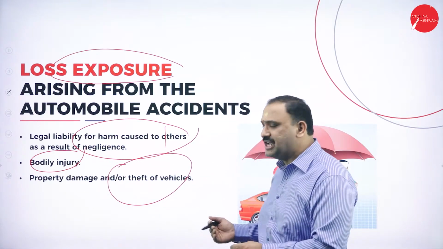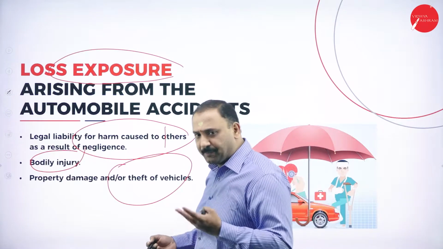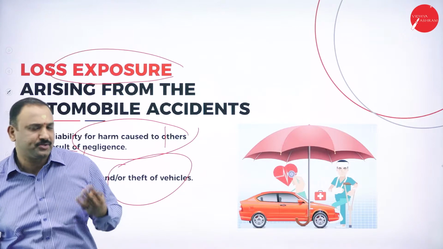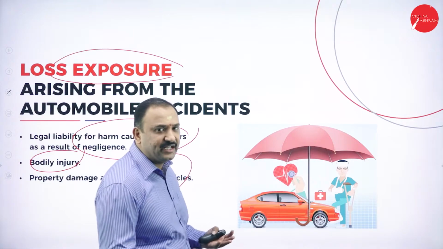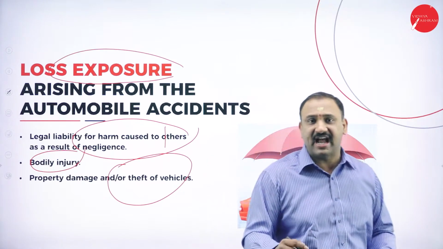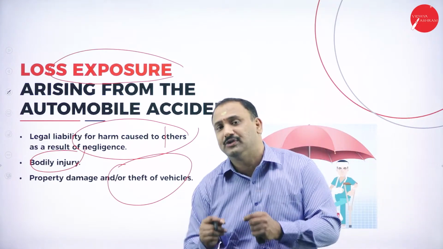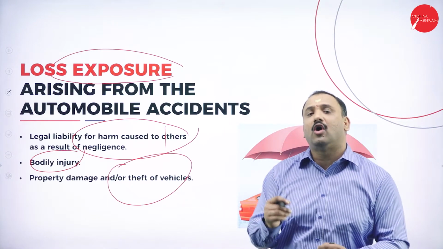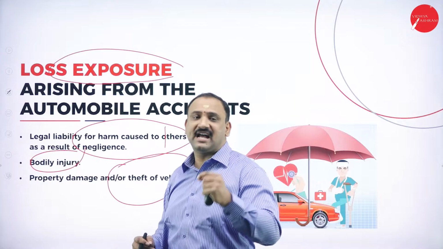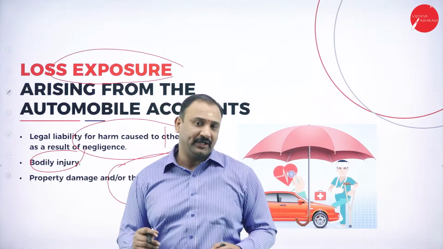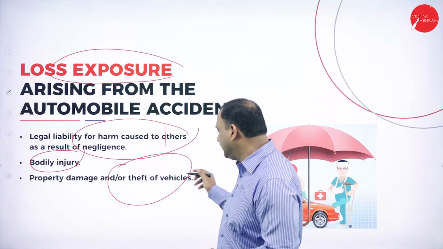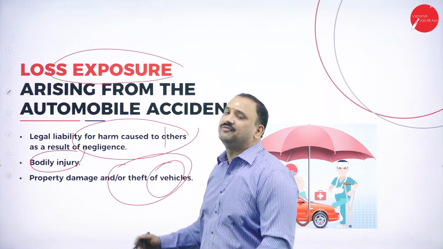The second thing is the physical injury. Suppose a physical injury is caused because of the accident, then the insurance company should be able to understand the exposure value, the damage value, and the cost that needs to be given in terms of your recovery. So we say bodily injury is also counted, followed by property damage or the theft of the vehicle.